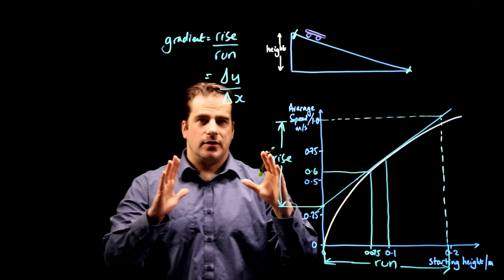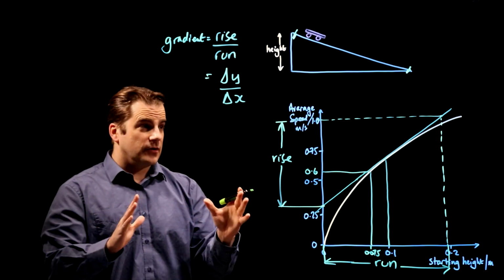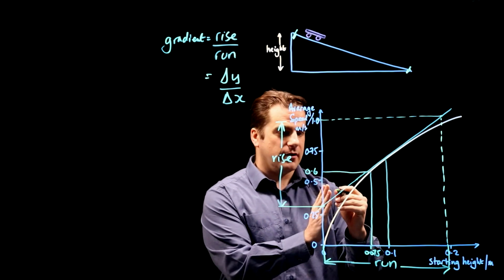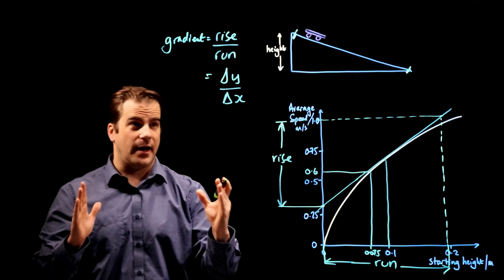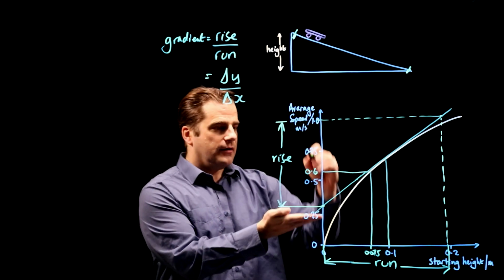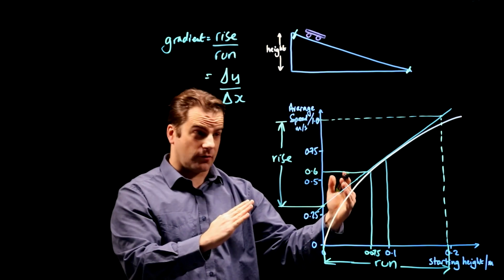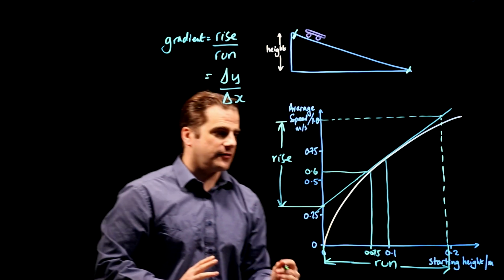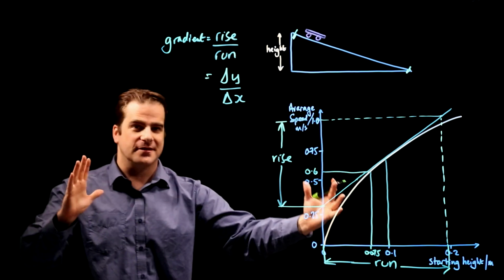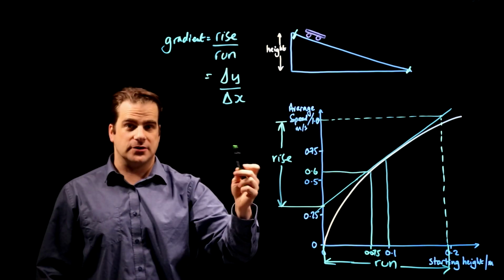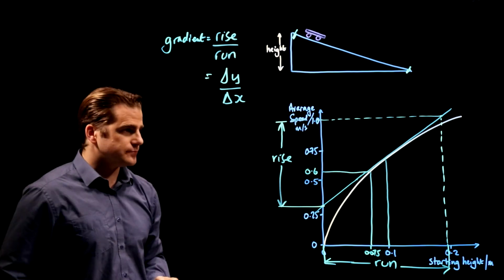Don't do that, because your result won't be as accurate as it would be if you use as large values as you can manage, like I've done here. The change in y, the rise, is as big as I could make it, and so is the change in x, okay? Use all the space you've been provided with. The larger the rise and the larger the run, the more accurate the answer will be.